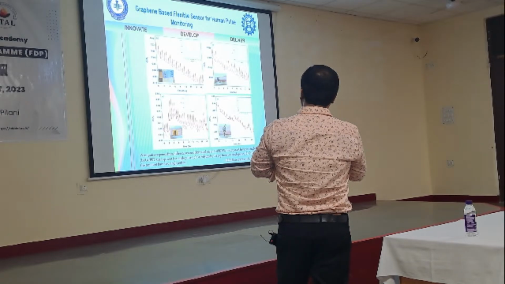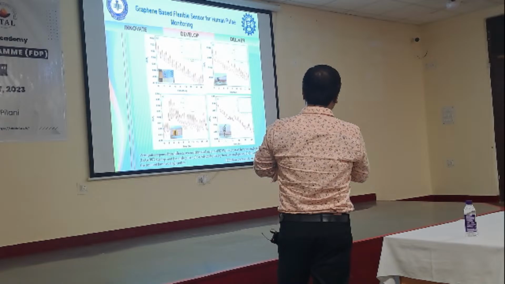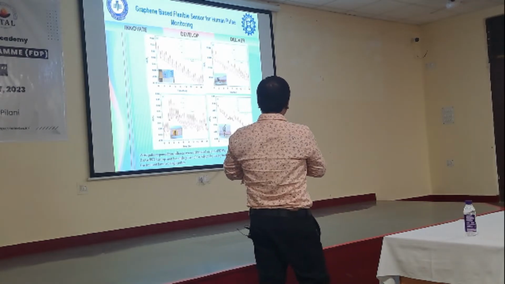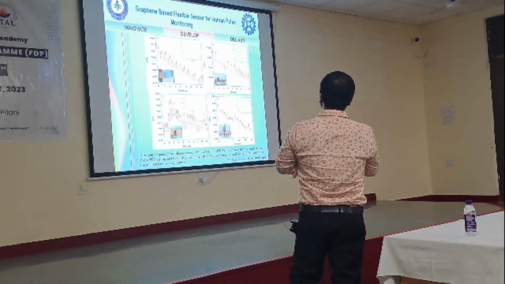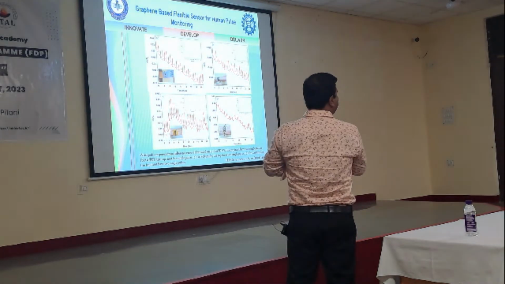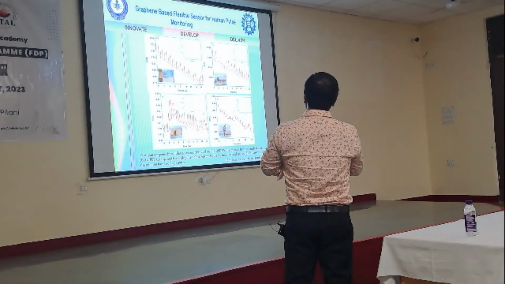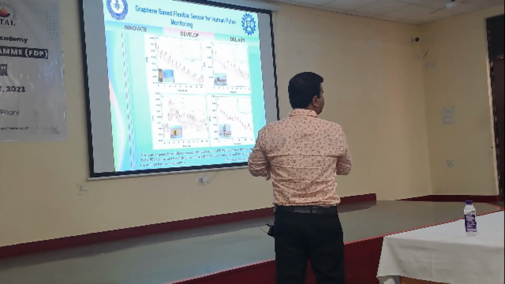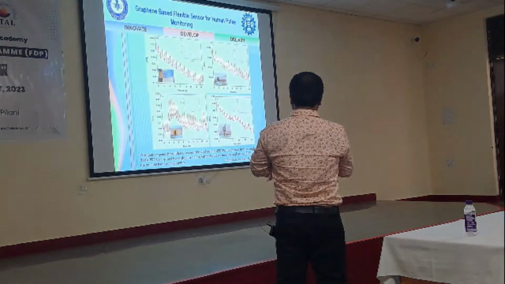This is the fabricated device on a PDMS substrate. Here you have used PET, polyethylene terephthalate. This is a polyimide substrate, and here it is graphene on carbon fiber. In all the cases graphene is the active material which will detect the human pulse, because whenever the pulse is happening here, it will be detected. In all the cases your device resistance will change.